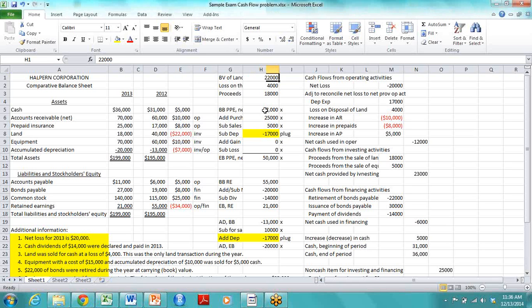Based on the roll forward, that should be 50. Oh, I must have a number wrong. Sorry, hold on one second. I think I have something plugged in wrong. Something must be tagged inappropriately there.